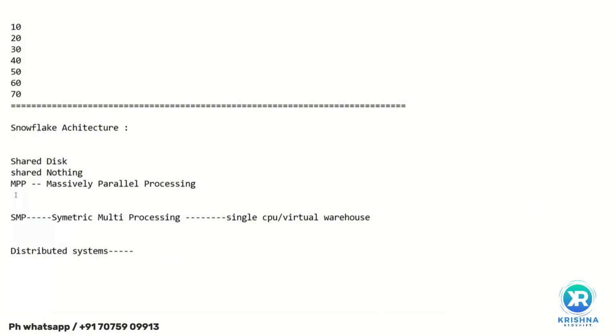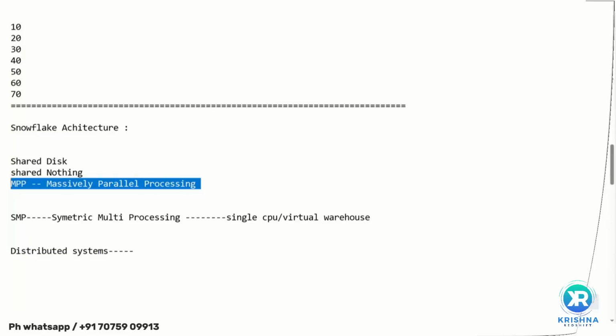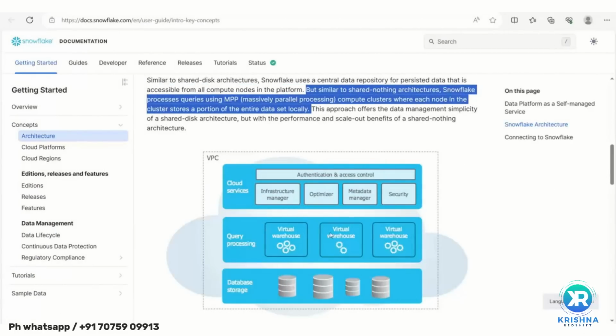We'll read about those things again. MPP means massively parallel processing, which is called shared nothing. Shared nothing means nothing is shared. So what is shared nothing? See here, virtual warehouses. Virtual warehouses are computing units, virtual processors, like CPUs.